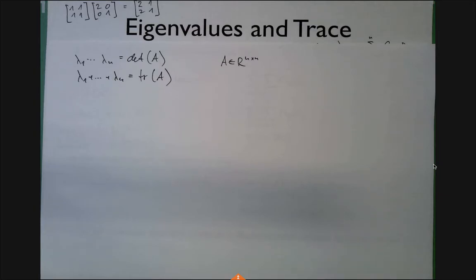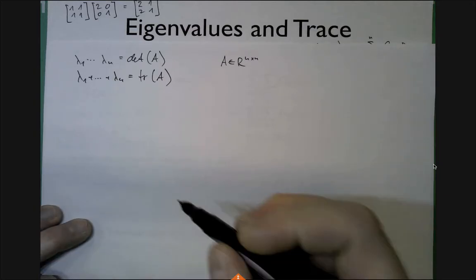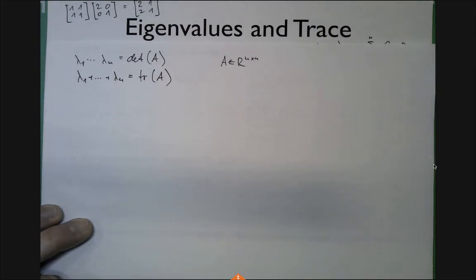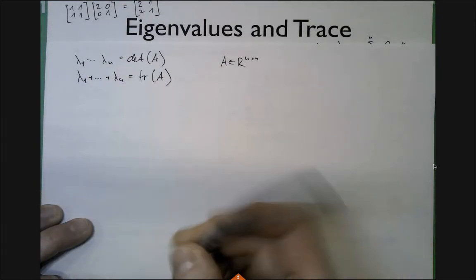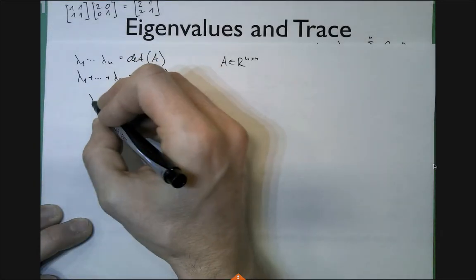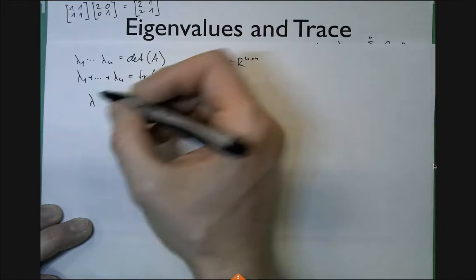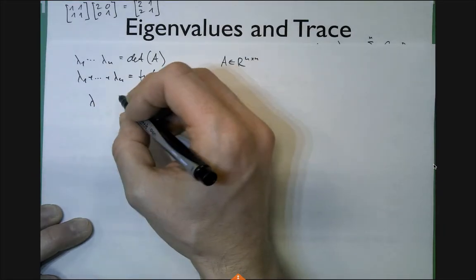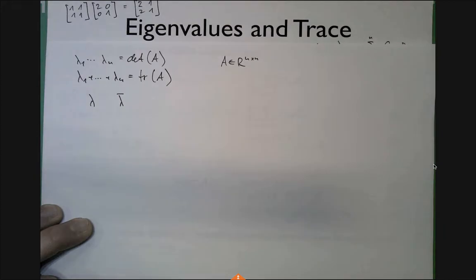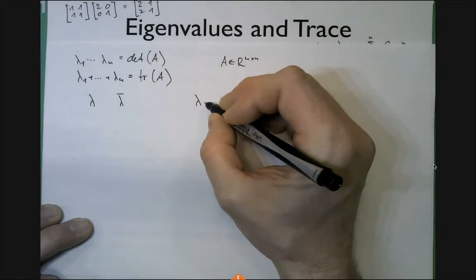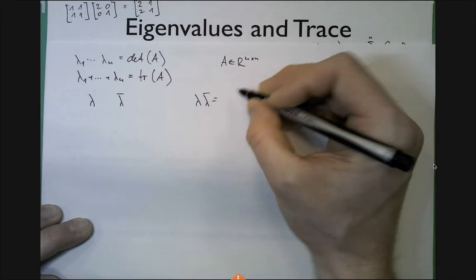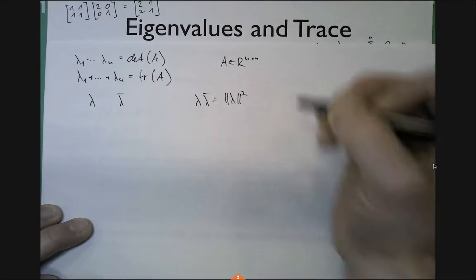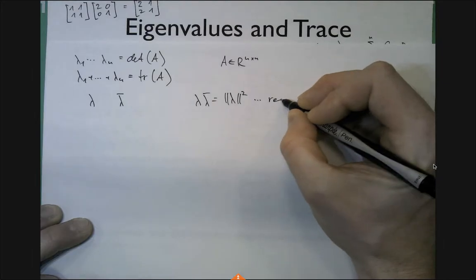Exactly. That's exactly what I wanted to hear. That's the right idea, because that's the cool thing about the complex eigenvalues. It's what we said the last time, right? If lambda is an eigenvalue of A which is complex, then lambda complex conjugate is also an eigenvalue. And the cool thing is if you multiply them, you get just the norm of lambda squared, which is a real number.